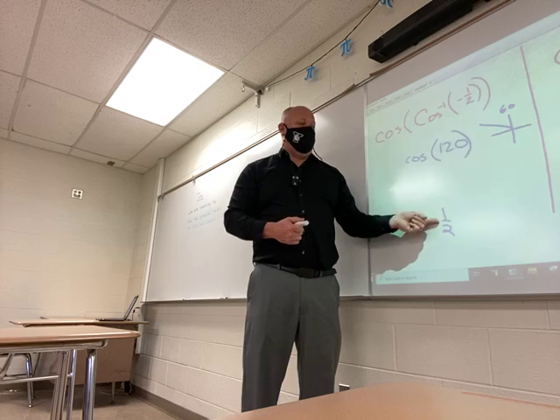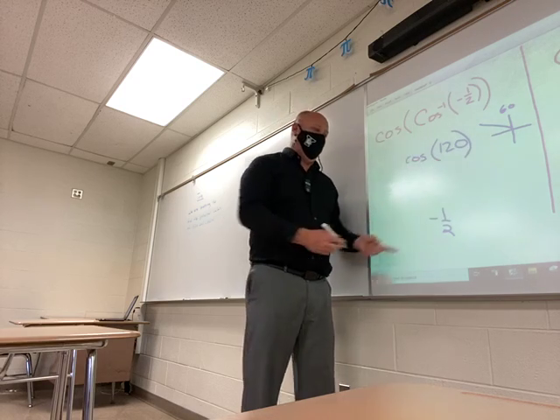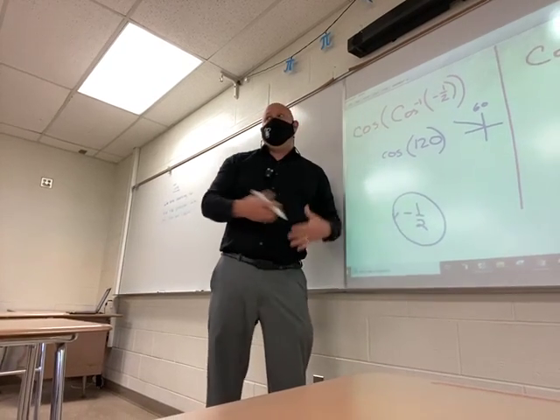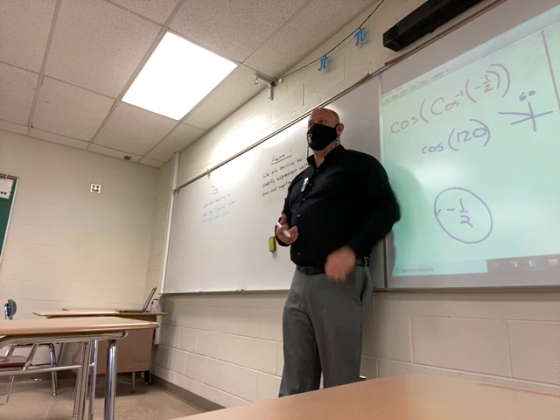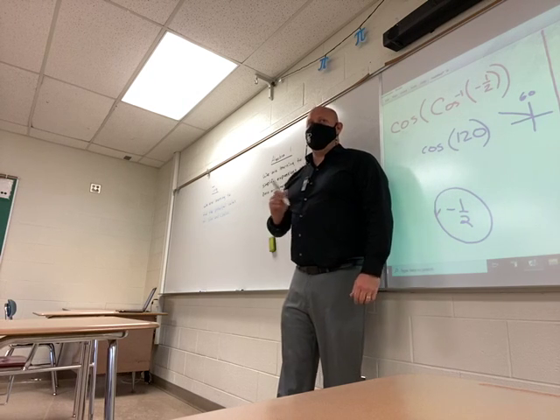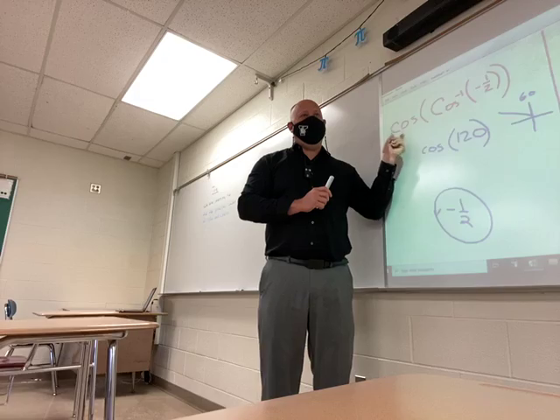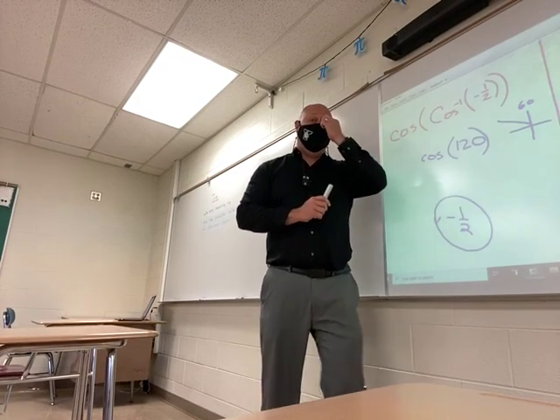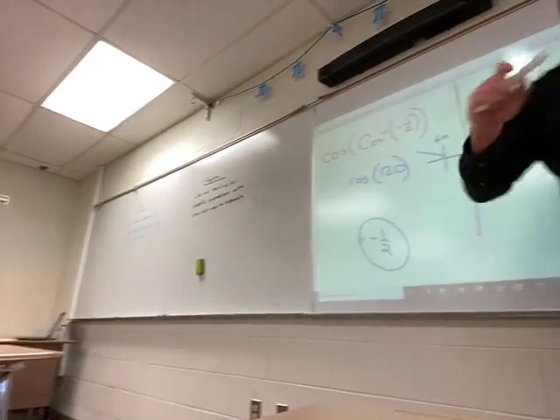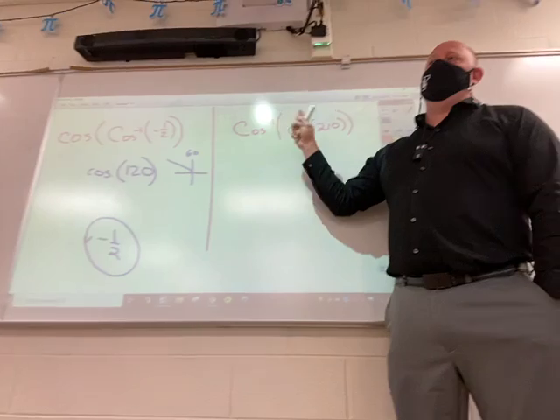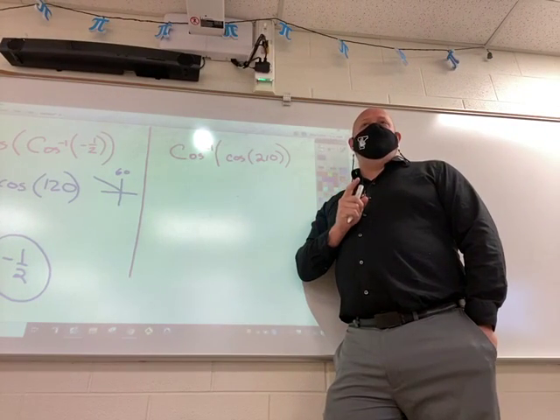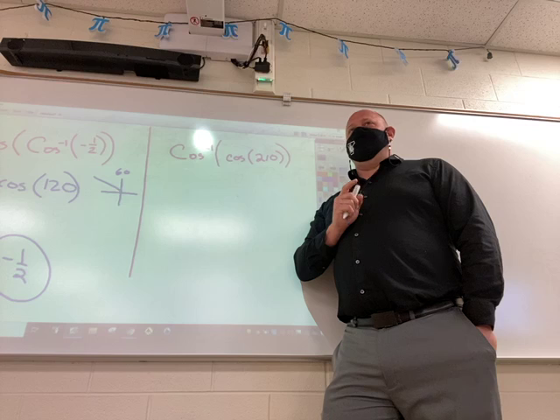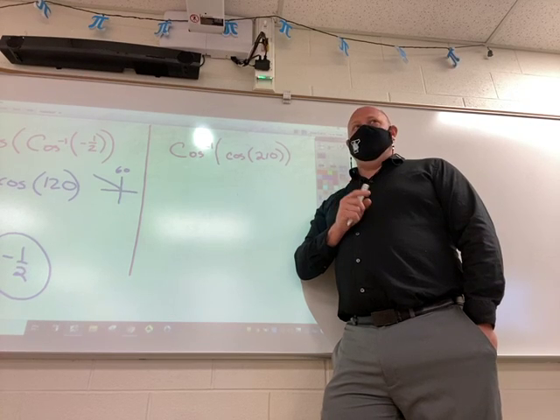Cosine of 60 is a half. Second quadrant, you're negative. So yeah, it works. It works most of the time. When you have something like the inverse cosine of the cosine, most of the time your answer is the input.